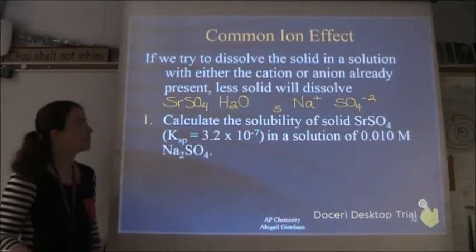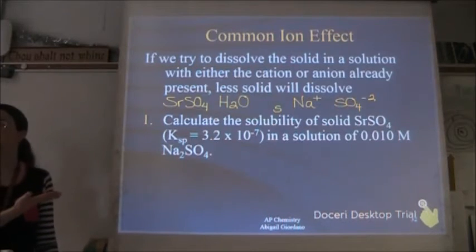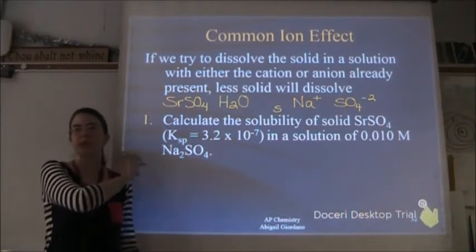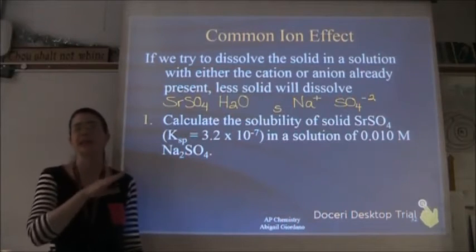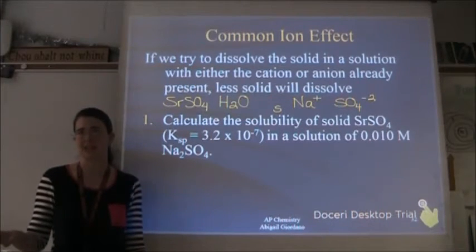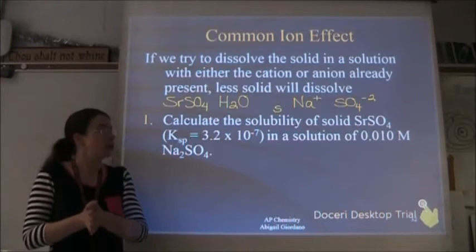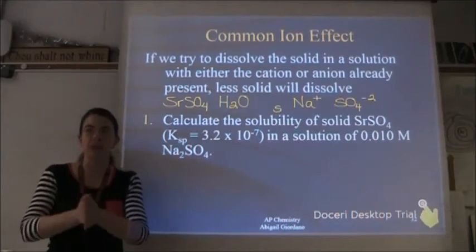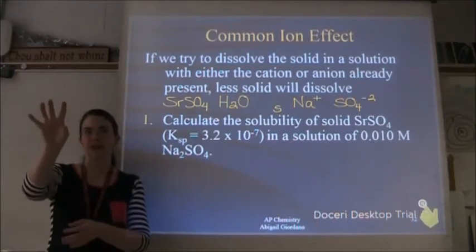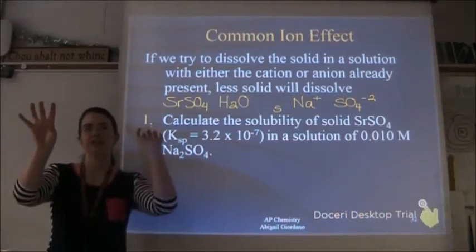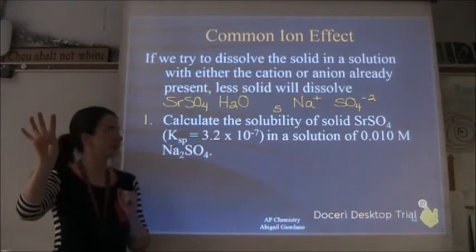Now, KSP problems, guys, figuring out what the reaction is not nearly as complex as it is in acid-base. In a KSP problem, your reaction will always be the same. The solid yields ion plus ion.